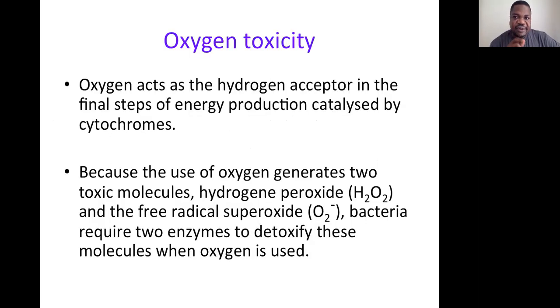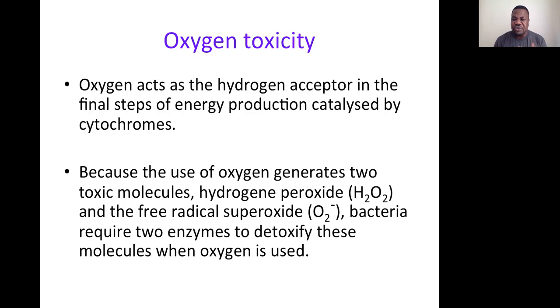But the most important information to remember is also about oxygen toxicity. Oxygen is not always a good thing for microorganisms. For some, it can be very toxic, because oxygen acts as the hydrogen acceptor. We say that it acts as the last electron acceptor in the final step of energy production, catalyzed by cytochromes.